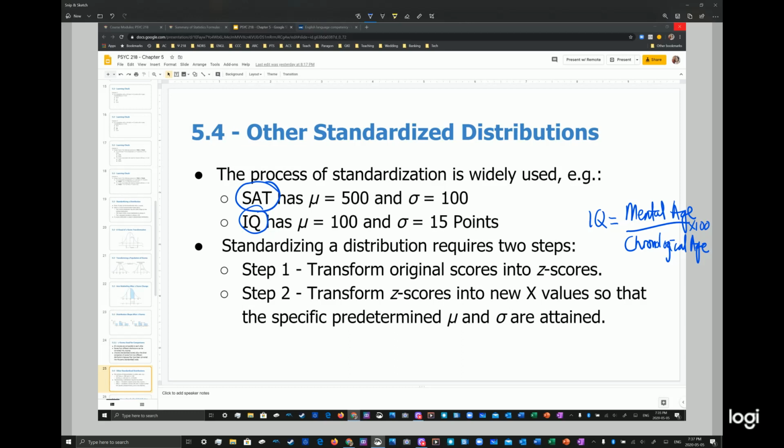Again, standardized distributions are used when a z-score doesn't really make sense to tell people. If you tell somebody, oh well, your IQ is 0, does that mean you have 0 intelligence? Or you give somebody a score on a serious test like the SAT, which is needed for American universities as one of the requirements, and you say, you scored 0 on your SAT.